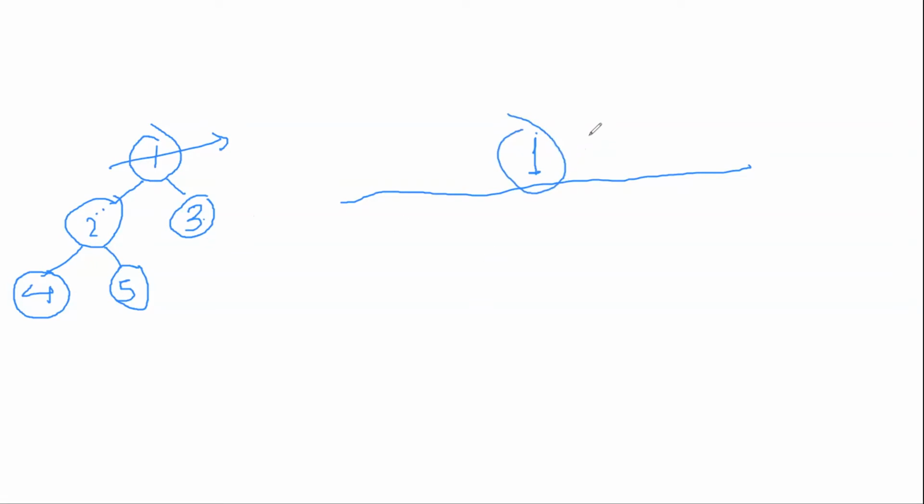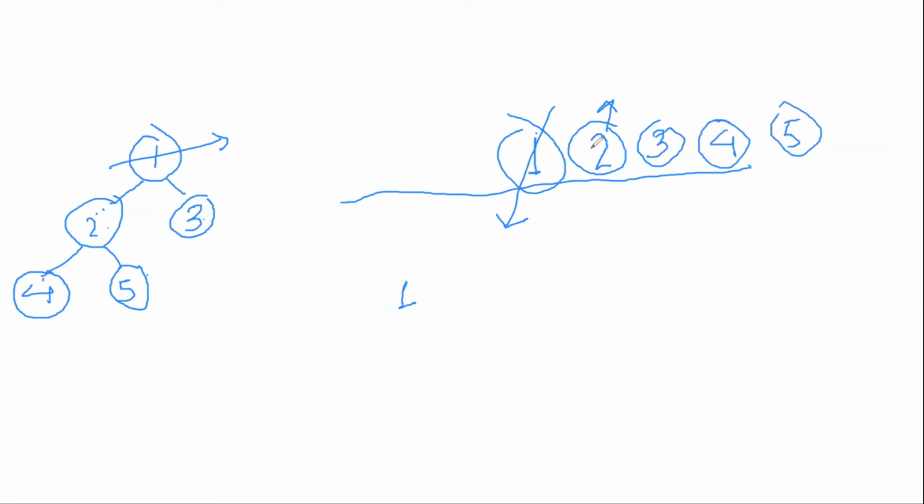After that we'll insert the left and right node, and in the next iteration we are going to print this 1.